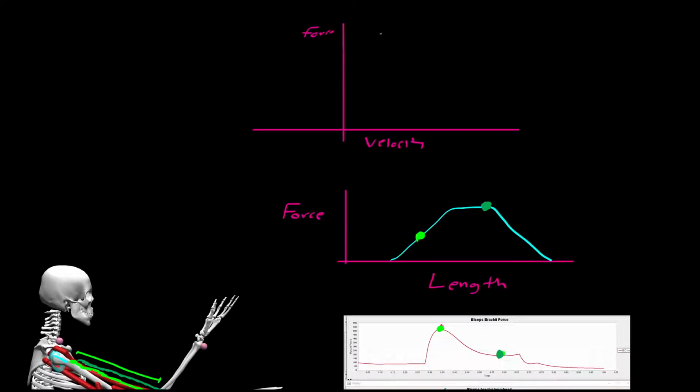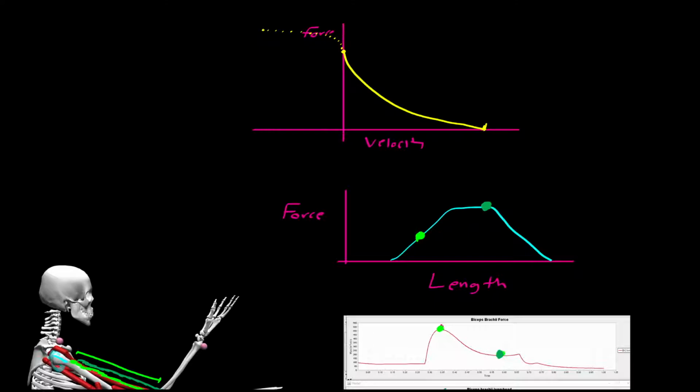And if you recall, that relationship looked something like this. And then there was also this interesting eccentric behavior up here. But for now, let's focus on the concentric part.